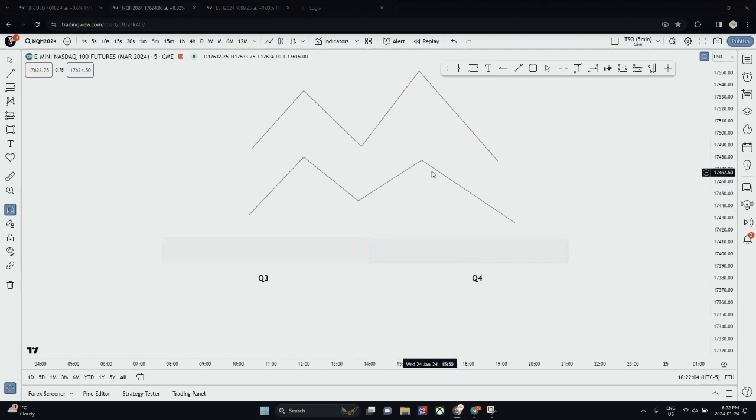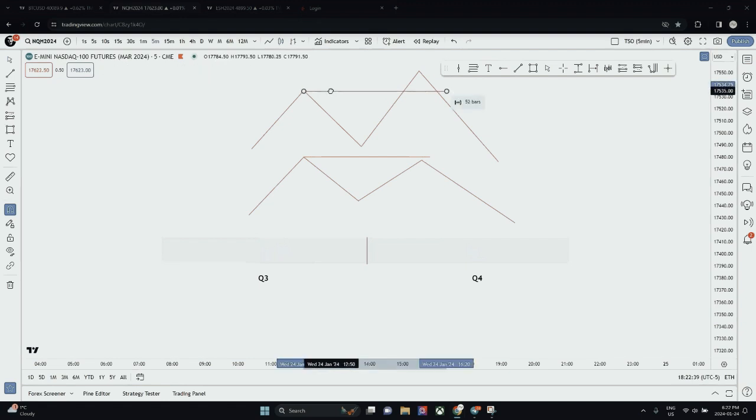So can you guys understand this now? Here we have a liquidity pool being taken out during Q3 and Q4. And here we have the other asset class failing to make that high during this time. So this is the basics of sequential SMT.